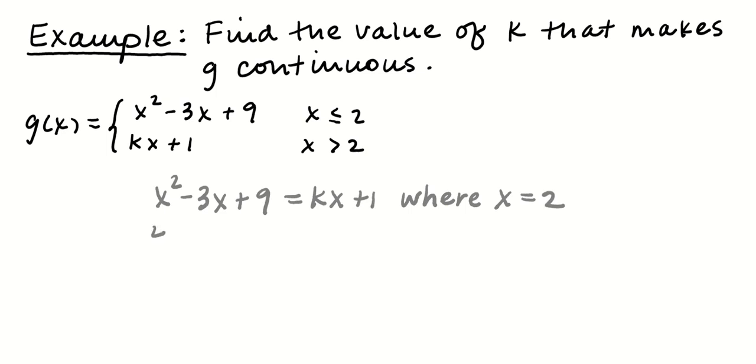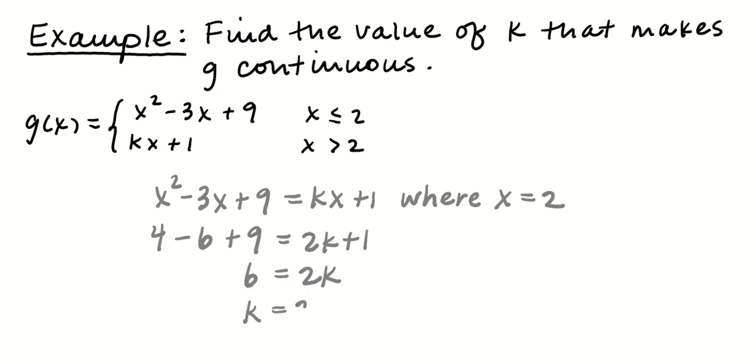I'm going to plug in x equals 2, and I'm going to get 4 minus 6 plus 9 equals 2k plus 1. So that's looking like 7 minus 1 is 6, equaling 2k. So I'm going to conclude that k is equal to 3. And that's going to make the function continuous at x equals 2. And we know that polynomials are continuous everywhere, so it's going to be continuous at all x, provided it's continuous at x equals 2, where the pieces meet.